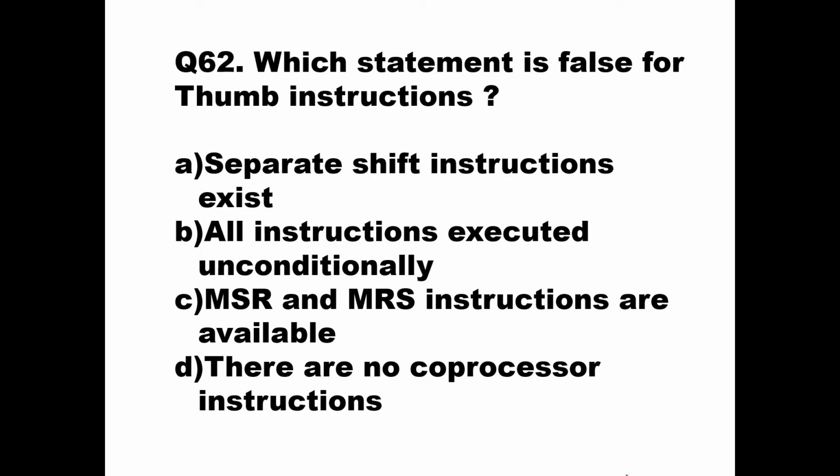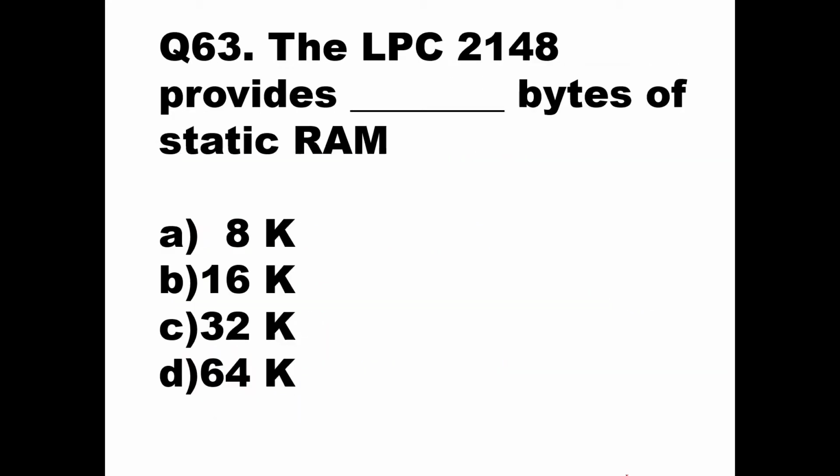That is also true. Option C is MSR and MRS instructions are available. This is wrong because MSR and MRS instructions are not available in thumb. So here the answer will be option C. That is a false statement for thumb instructions. Then we'll go to the next question.